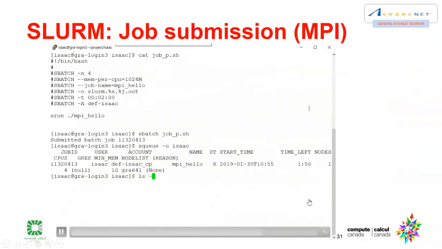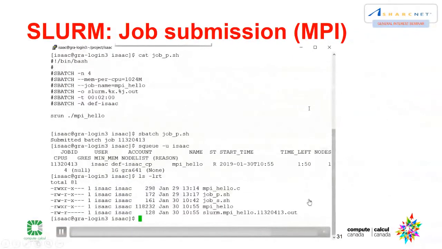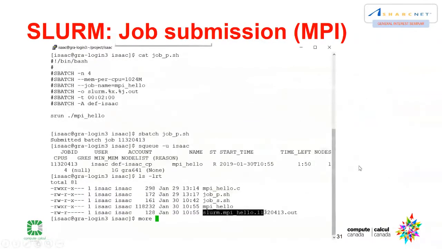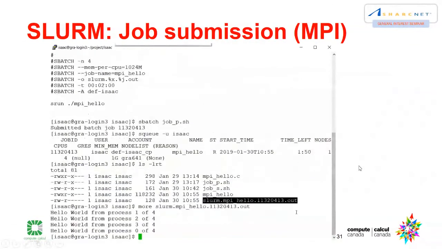After a certain time, if I check the result, the same job ID log file or output file was actually generated. So I'm checking out the output file. You can definitely see it runs perfect. I used 4 CPUs, and each CPU actually replied back to me. So this is good.